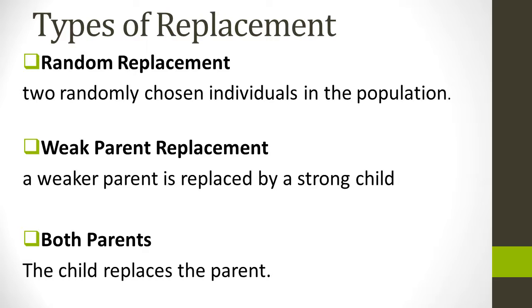Out of four chromosomes, only two randomly chosen individuals remain in the population. In weak parent replacement, a weaker parent is replaced by a stronger child. With the four individuals, only the fittest two, parent or child, return to the population. This process improves the overall fitness of the population.